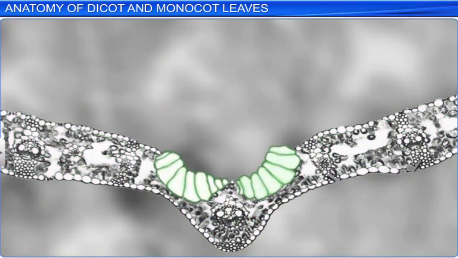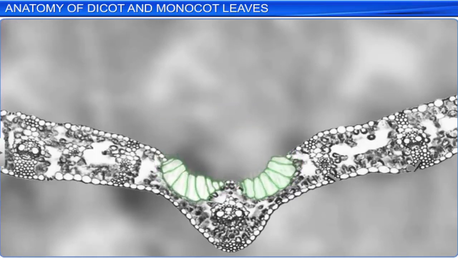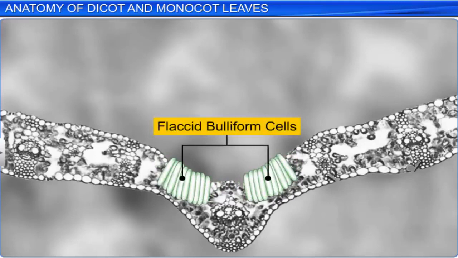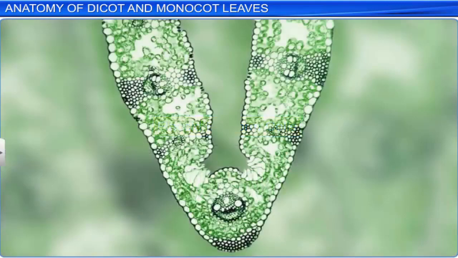Conversely, in water stress situations, there is loss of turgor pressure and bulliform cells become flaccid. As a result, the leaves curl inwards to minimize water loss. Hence, a lot of activity goes on in the internal structure of a leaf.